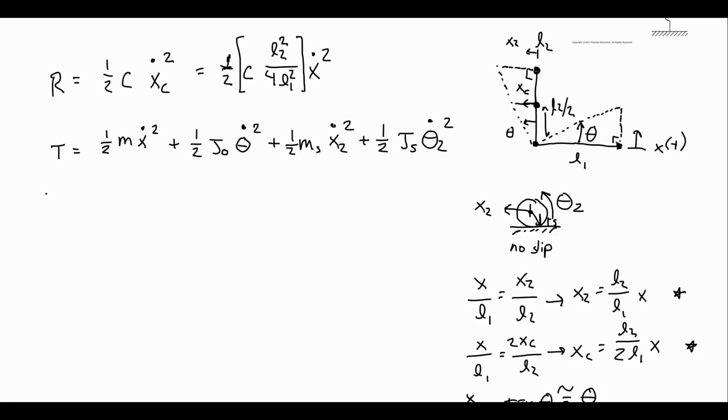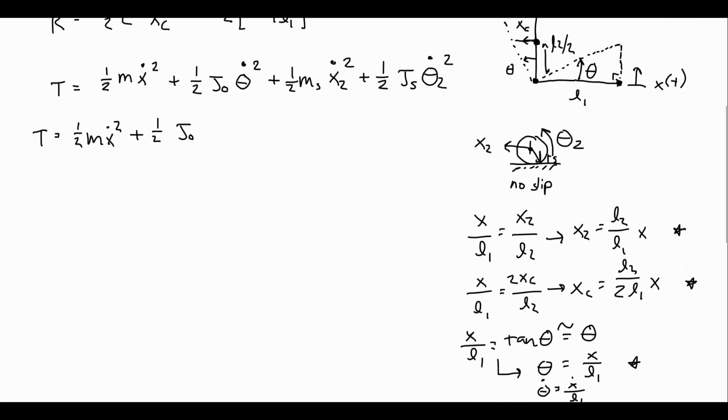So now t I can rewrite in terms of our desired degree of freedom, x. The first term is okay, or really x dot for this one. So x dot is already in a good place, plus 1/2 j naught times theta dot squared. Theta dot is x dot over L1.